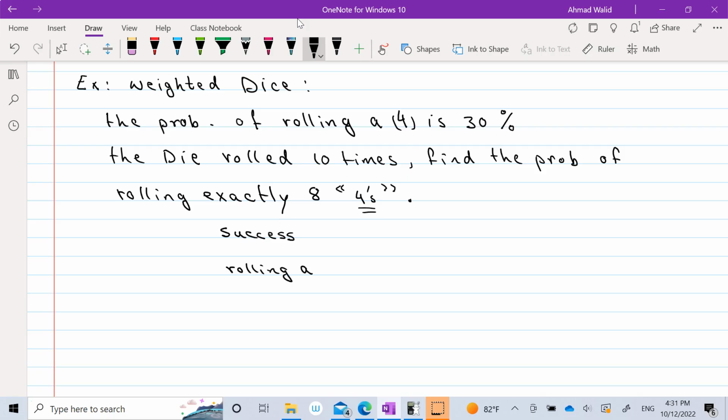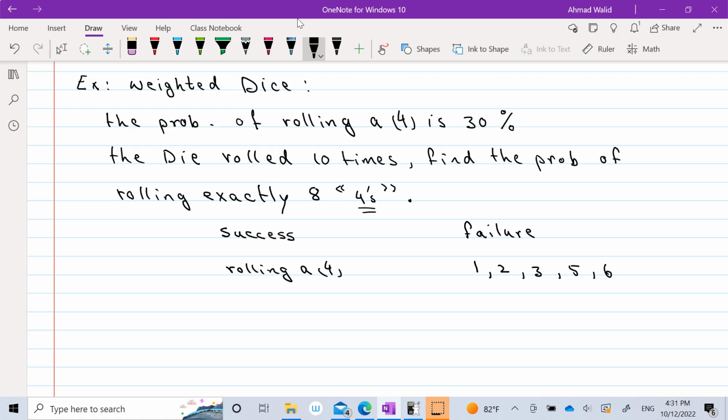Rolling a 4 is your success, not rolling 8 fours. Rolling, for example, it's a game. Correct? Rolling a 4 is your success. What is failure? The failure is the other sides, which is 1, 2, 3, 5, and 6. Correct?